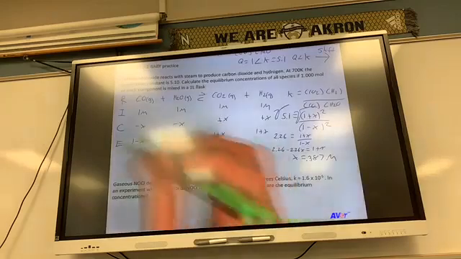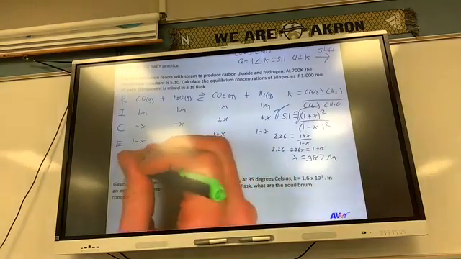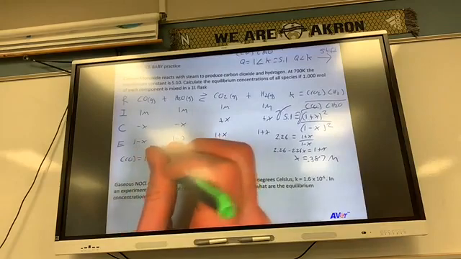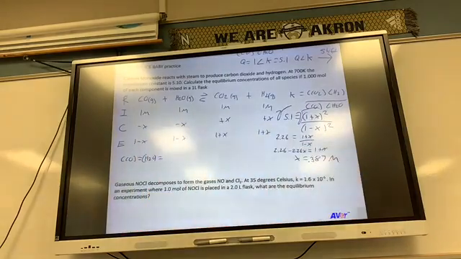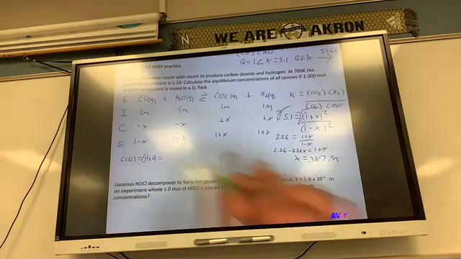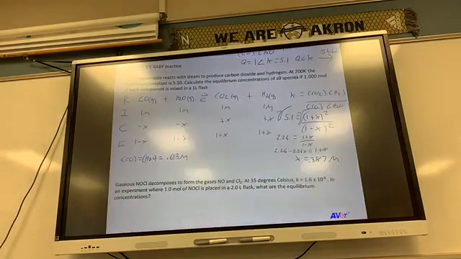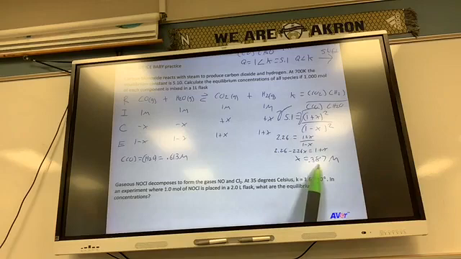So my CO is going to be equal to H2O, which is 1 minus 0.387, which is 0.613 molar. These really should be brackets because it's molarity. 0.387 is just how much each side changed, how much the concentration changed.